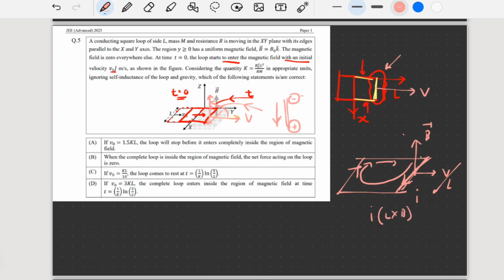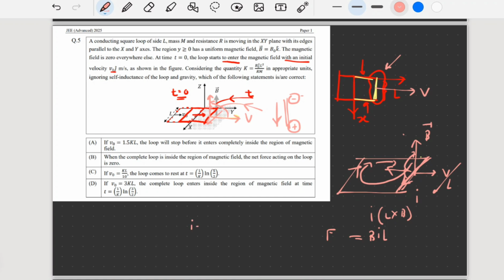If you do L cross B, you get the force in this direction. So BIL is the amount of force, but it is acting in the opposite direction of the movement of the loop. So this force will try to reduce the velocity of the loop. So this loop will be constantly decelerating, not with constant deceleration, but with some varying deceleration, of course.